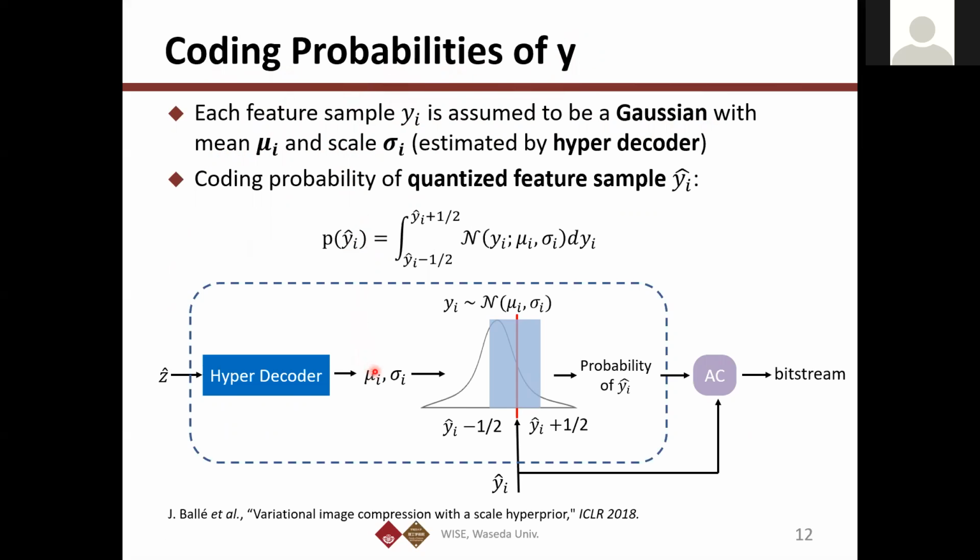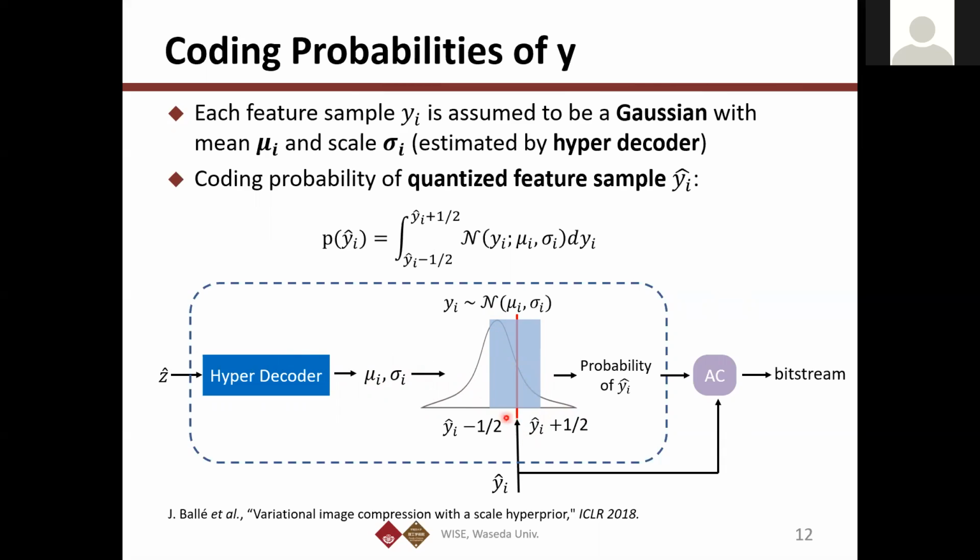This mean and scale are estimated by a hyper decoder. After obtaining this mean and scale, we can create a probability model like this. If we assume this is a Gaussian, then like this.